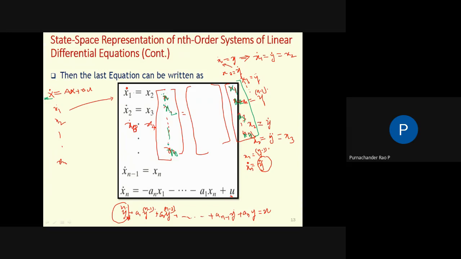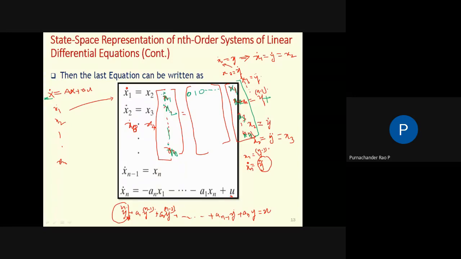Therefore, what is the value of x1 dash now? x1 dash will be equal to only x2. So the first term will be 0, and the second term will be 1, then 0, and 0 always. Then next x2 dash will be equal to x3.